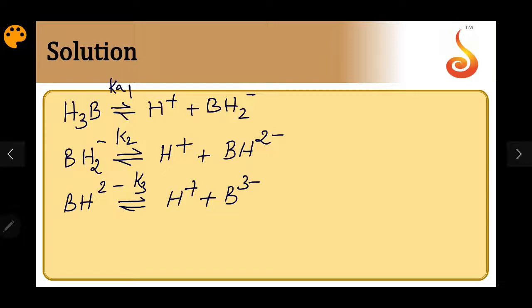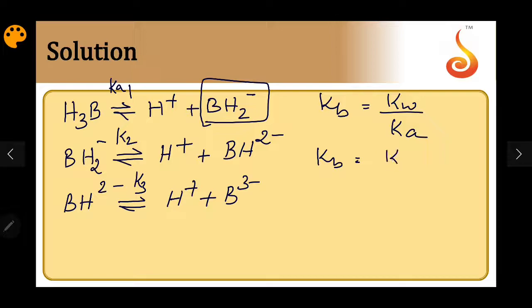So if I take BH2 minus here, this is the conjugate base of H3B. So Kb is equal to Kw by K. All of us know for a conjugate acid base pair, Ka into Kb is equal to Kw. So Kb is equal to Kw by K1.